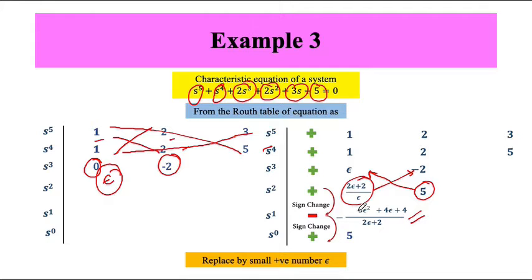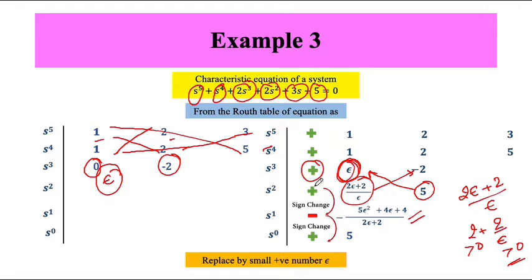Now we consider these terms and check the signs. Epsilon is a small positive number, so this is positive, tending to 0, so its sign is positive. In this case, 2 epsilon plus 2 by epsilon, if I consider 2, it will be 2 plus epsilon, so this is greater than 0 and this is also greater than 0.